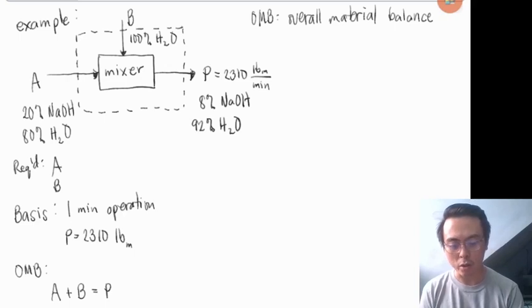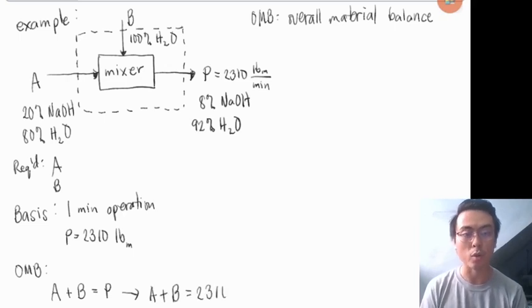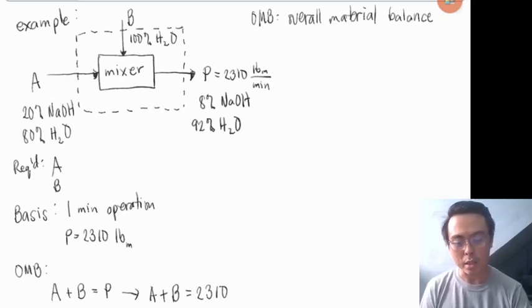So you can already substitute in this equation. A plus B equals 2310. Of course, it's already understood that the units of this equation are in pounds. Okay? The next step is to perform component balances.